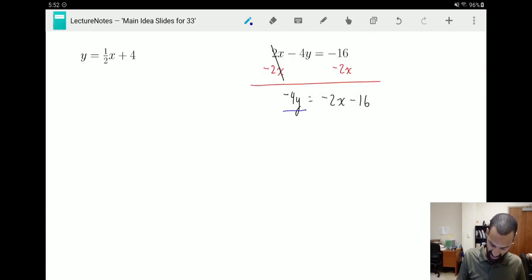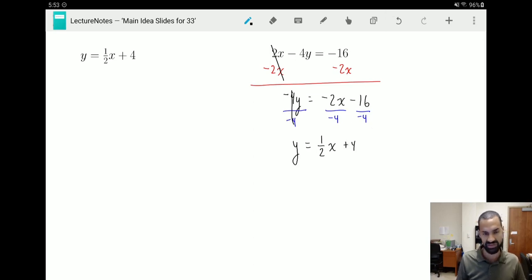Now let's divide everything by negative 4. Those will cancel, leaving me with y equals negative 2 over negative 4 is positive 1/2. And then negative 16 divided by negative 4 is a positive 4.